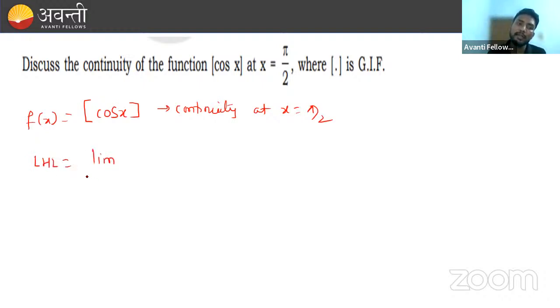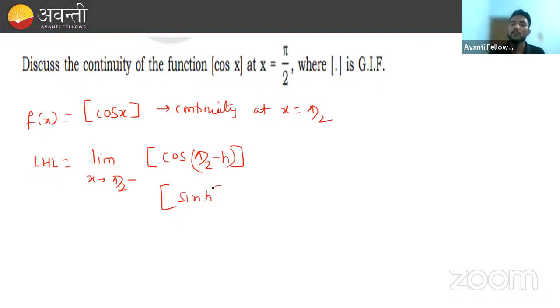LHL means limit x tending to pi by 2 minus, so greatest integer function of cos of pi by 2 minus h. You can also write this as sin h, because cos of pi by 2 minus theta is sin theta.